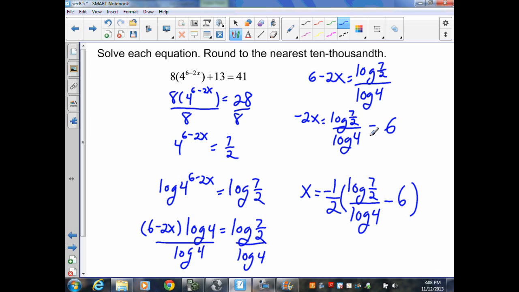And the whole right side is in the set of parentheses being multiplied by a negative half. Now this I can substitute into my calculator and figure out an approximation for x.